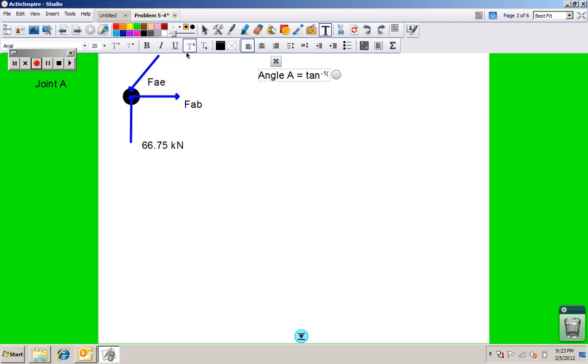If you look back at the text, you'll see that the opposite for this angle A is going to be 3 meters divided by the adjacent 2 meters. And so we're going to get angle A is equal to 56.3 degrees.